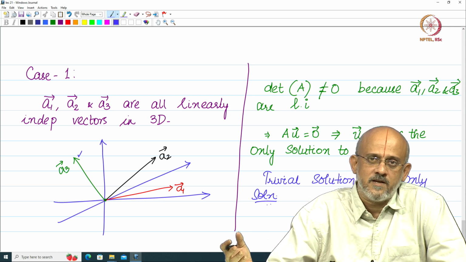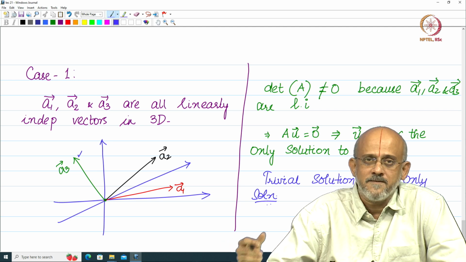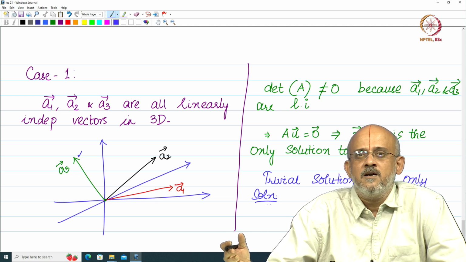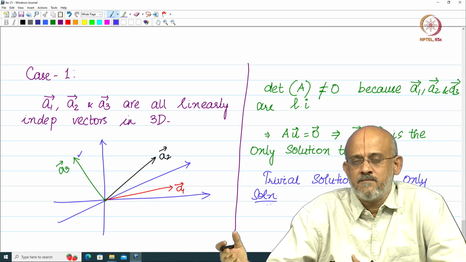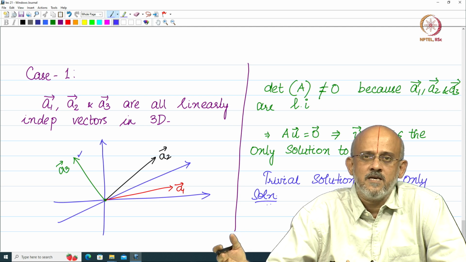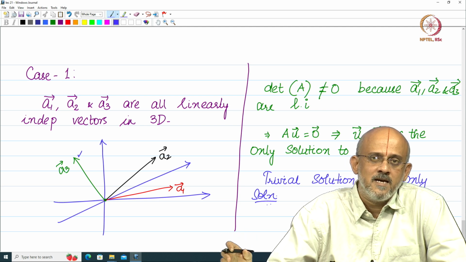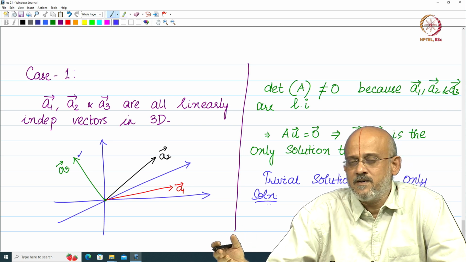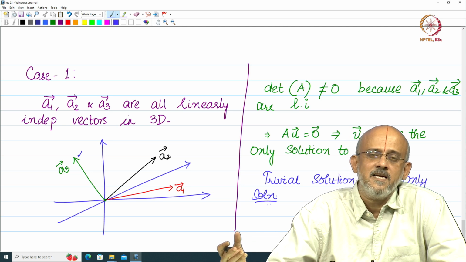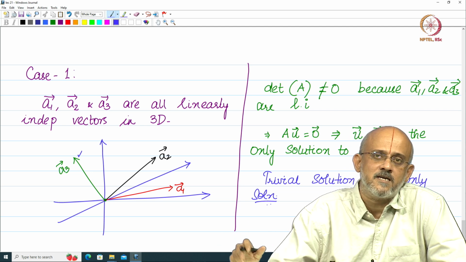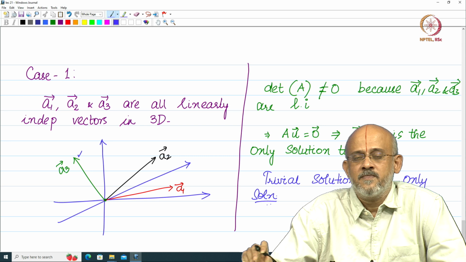If there is a non-trivial solution, we all know that every multiple of this non-trivial solution will also give the right hand side equal to 0 for Au equal to 0, and therefore any scalar multiple will work, which means you will have infinitely many solutions when there is a non-trivial solution to Au equal to 0. That is pretty clear to us.